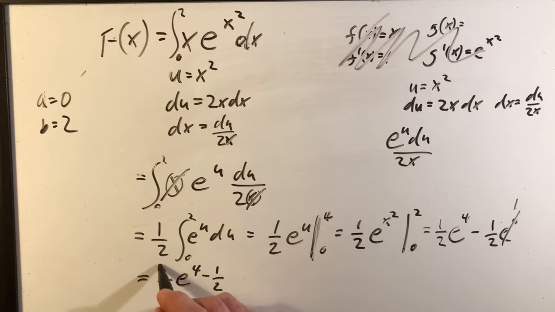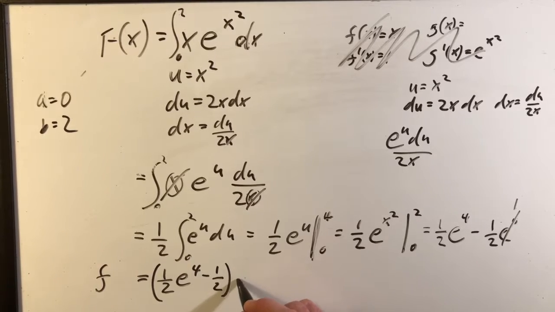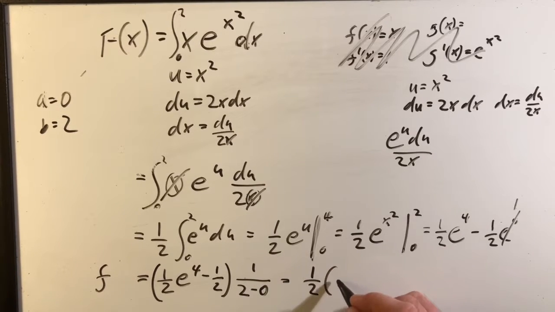Then if I want to make sure that this becomes an average, there's my original integral, I have to multiply it by 1 over b minus a, so 2 minus 0. So it's going to be 1/2, that's this guy right here, times 1/2 e to the 4th minus 1/2.